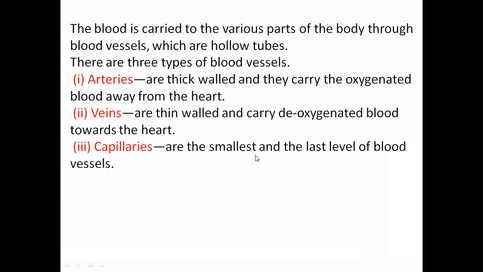The capillaries are the smallest and last level of the blood vessels. Here this is the artery, and here we have the capillary structure.